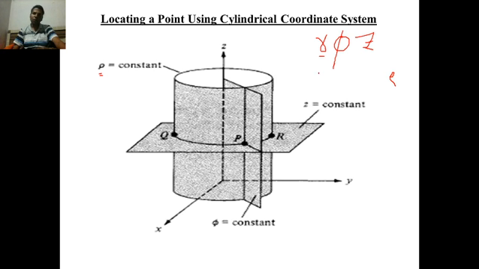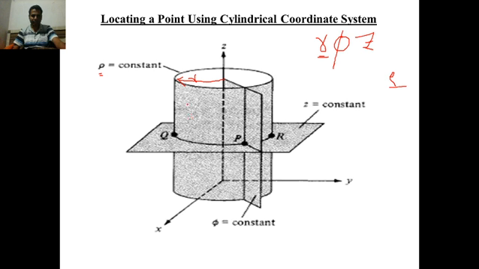So some books denote the first coordinate by this symbol. Some books denote the first coordinate by this rho symbol. Both are the same. What exactly is this r or rho? Rho is nothing but the radius of cylinder.